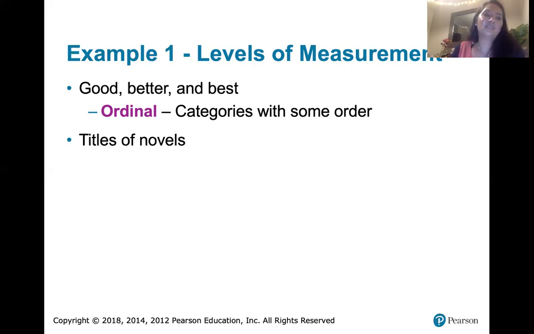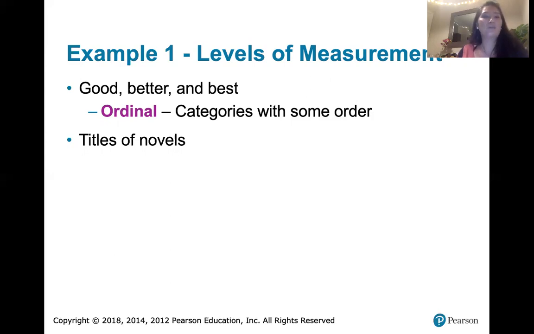Titles of novels. Now this is one where some people might say it's ordinal because you can rank them, but we're not talking about a ranked list of novels. We're talking about titles. Here's a novel, and here's a novel, and here's a novel. Well, we could put them in alphabetical order. But forget about the alphabet for a second and just focus on the titles themselves.